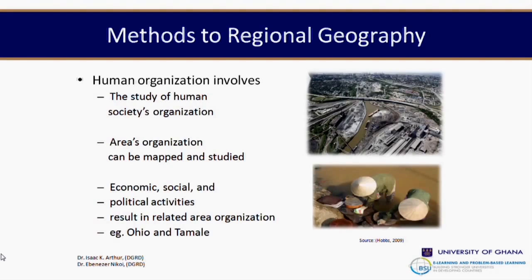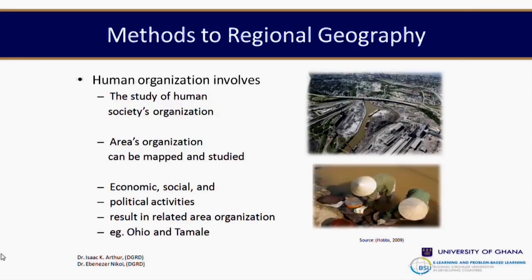And when it comes to the human organization, it involves the study of human societies, how we are able to organize our place. So you can see in this picture how a city has been designed. So you find all these bridges, houses, within that environment, and how this area can be mapped and also studied, right?